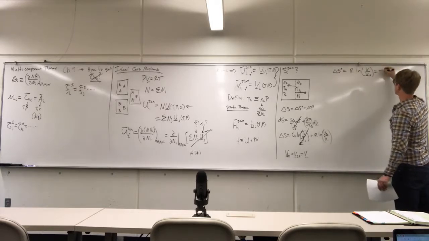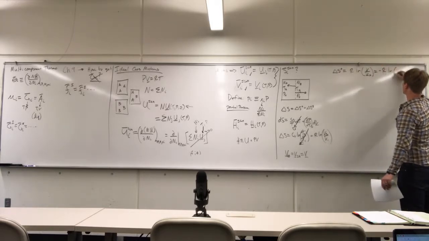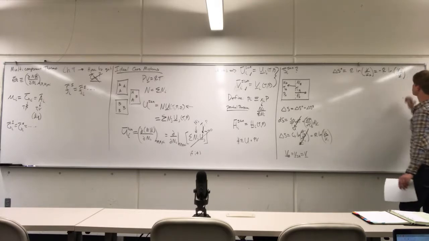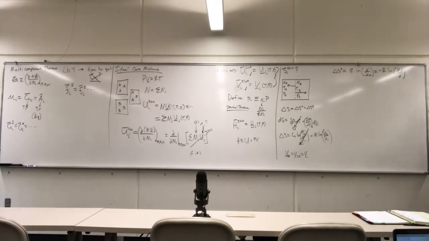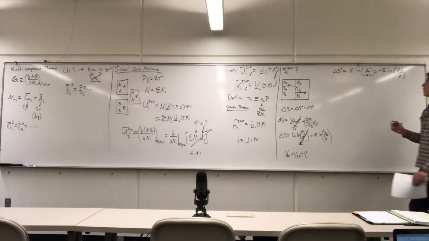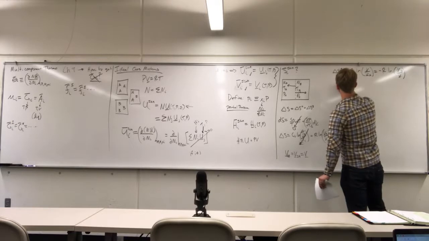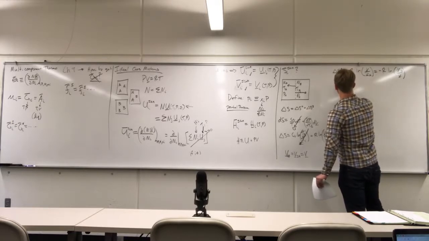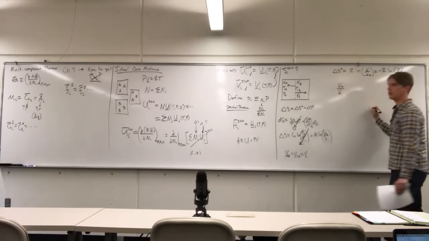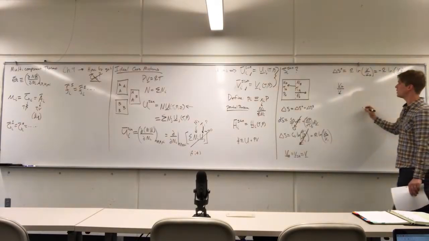I'm going to rewrite this as minus R natural log of V1A over V. Do one more step here, V of A over the total volume. Let's substitute in the ideal gas law.